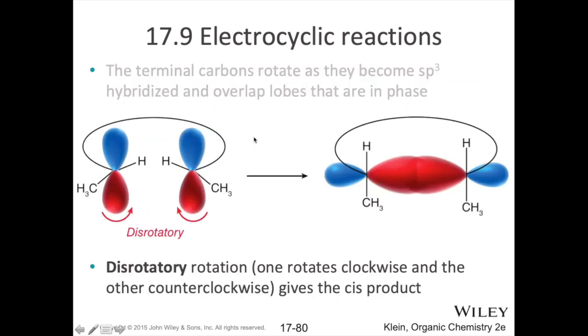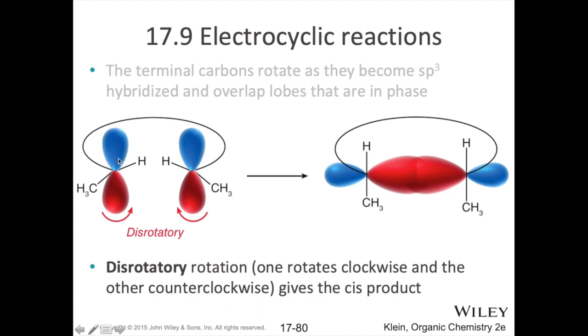Okay, so what this comes down to is how do the p orbitals on those outermost carbons, the ones that are going to form the sigma bond that closes the ring, turn so that their orbitals overlap properly, right? They have the same phase overlapping.